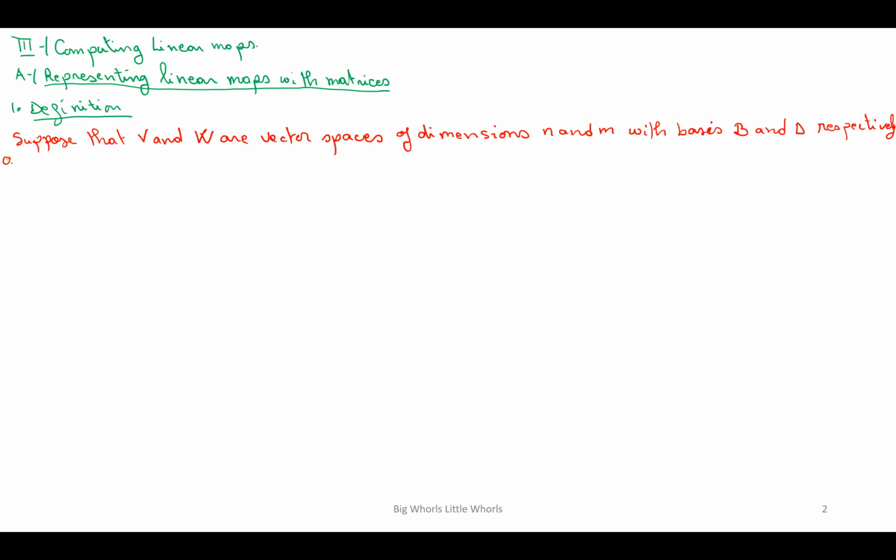And we are going to suppose that h is a homomorphism, or a linear map.